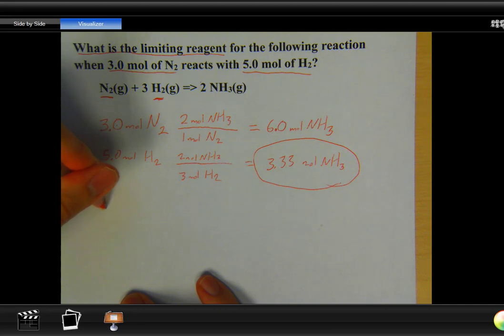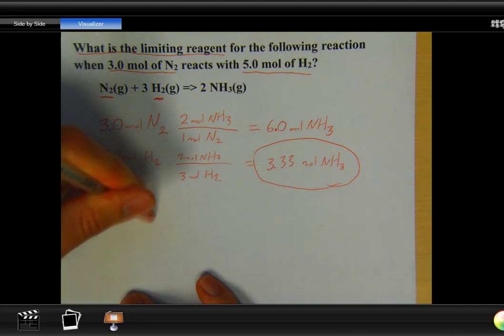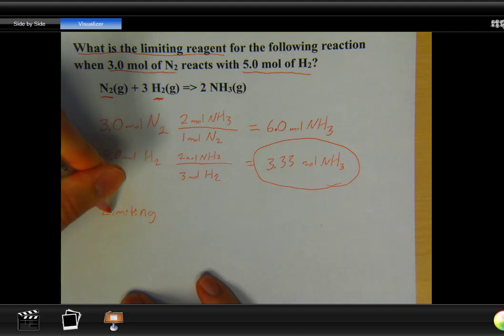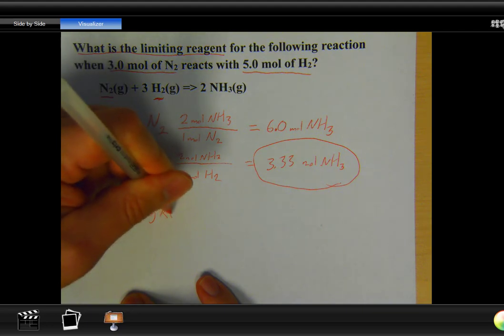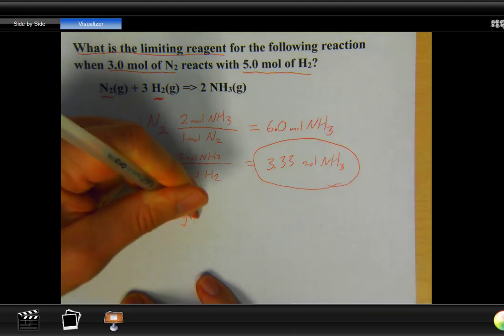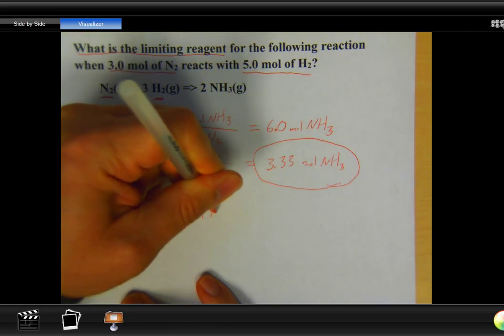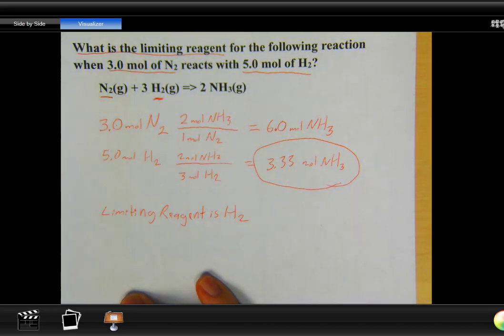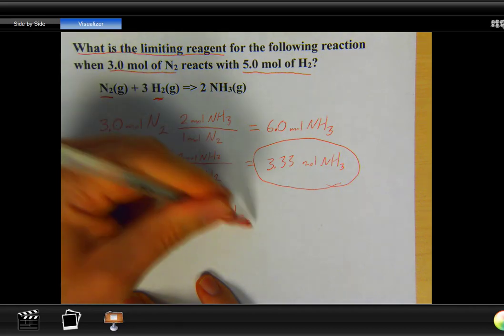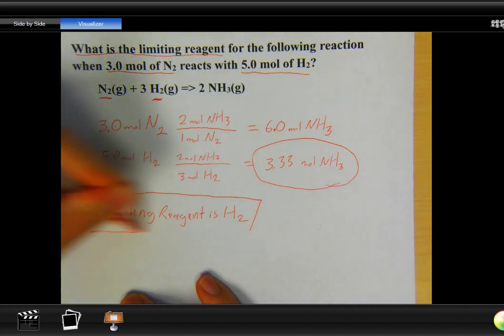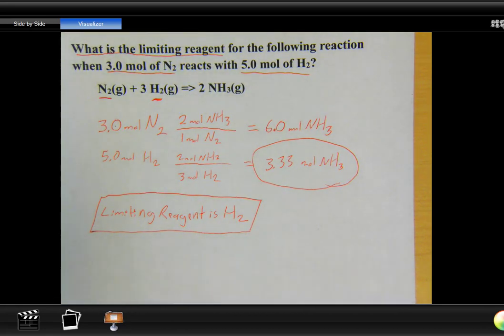So the limiting reagent is whichever reactant gives you the smallest amount of product. In this case, it's the hydrogen. This is our answer to the question: the limiting reagent is hydrogen because hydrogen gave us the smallest amount of our product.